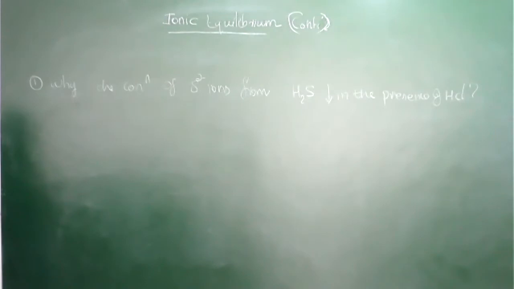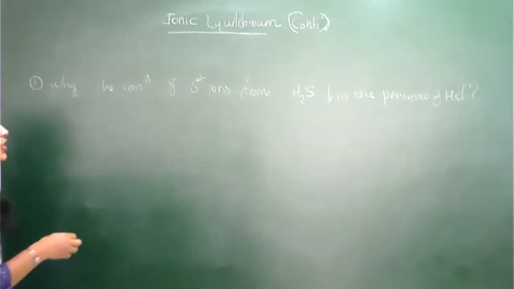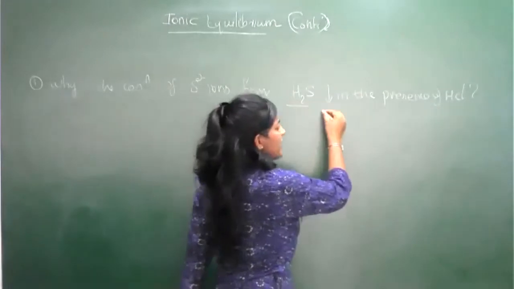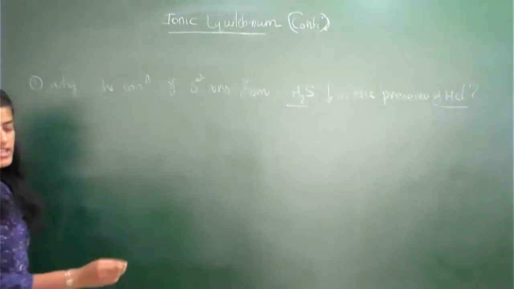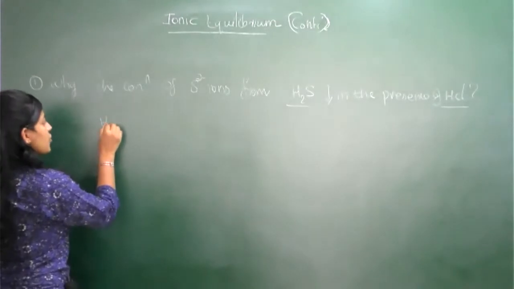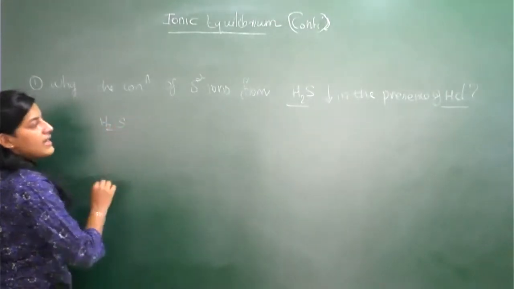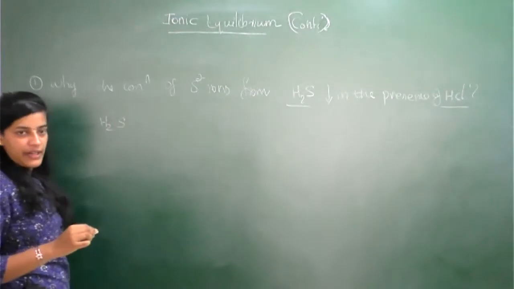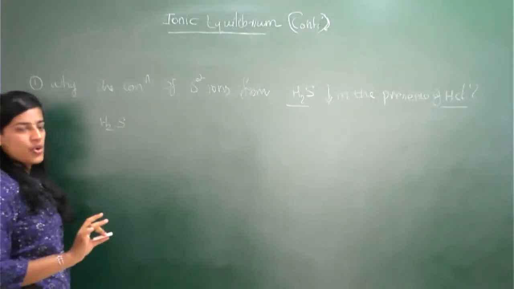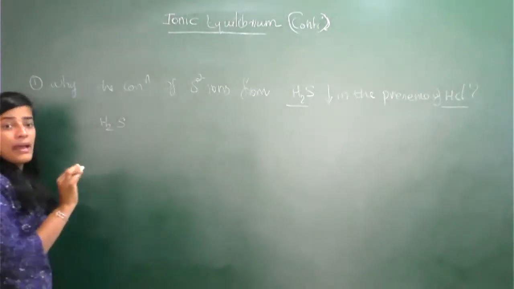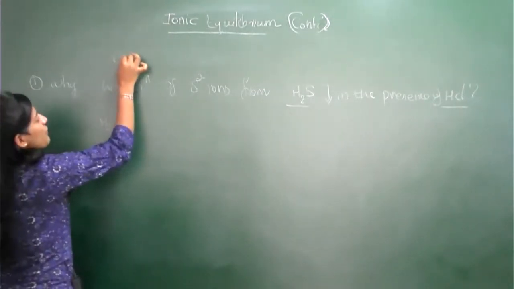We want to develop an equation. Correct. So initially H2S and HCl are present. How will we generate the equation here? H2S is a weak one. You know, from that table, one should be weak and one should be strong. This is a common ion effect.